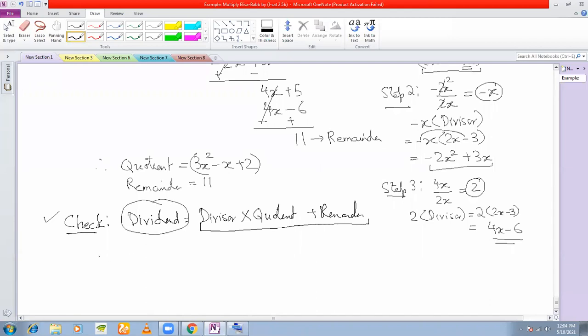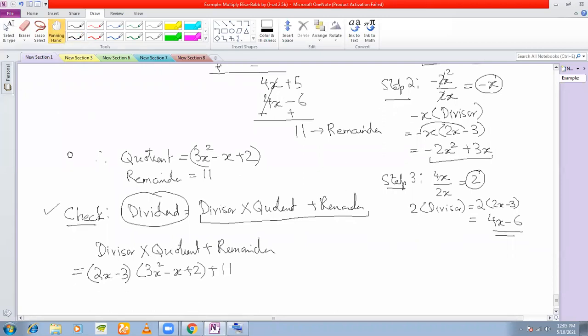So divisor into quotient plus remainder is equal to divisor here, 2x minus 3, quotient here is 3x square minus x plus 2, and remainder here is 11.